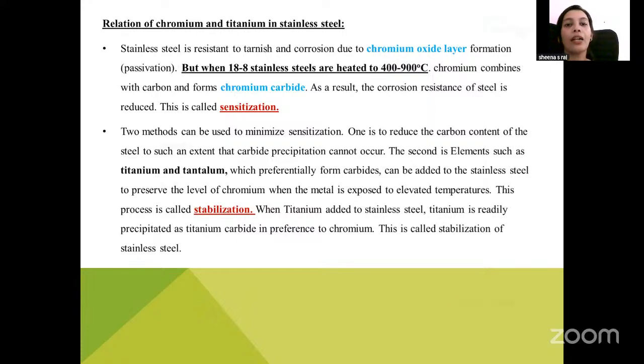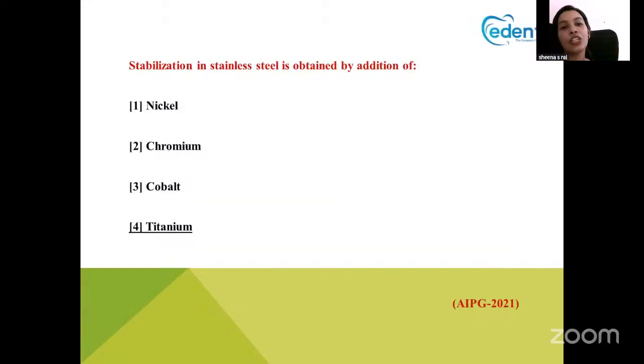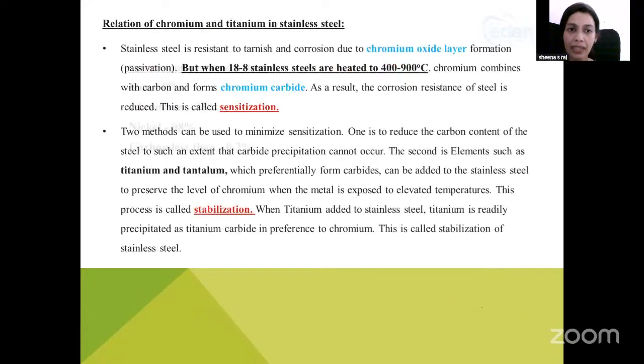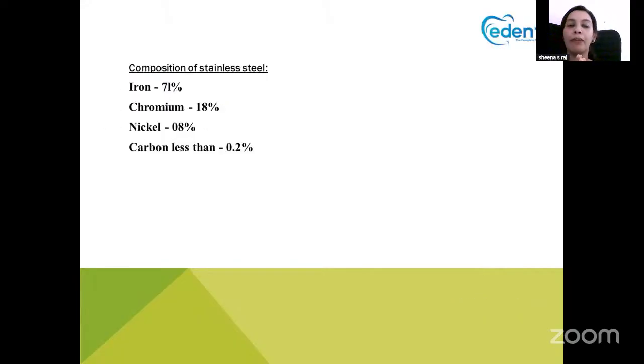So now you can answer this question: stabilization in stainless steel is obtained by the addition of nickel, chromium, cobalt, or titanium. We know the two T's, tantalum and titanium, are used for stabilizing stainless steel. Another important thing to keep in mind: in 18-8, chromium is 18%, 8 is nickel, and iron makes up 71%.